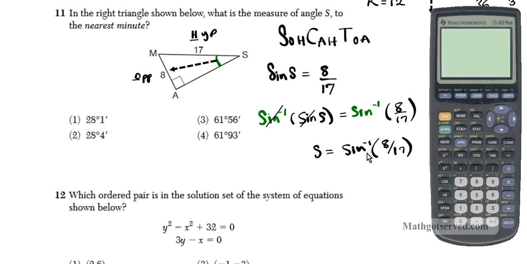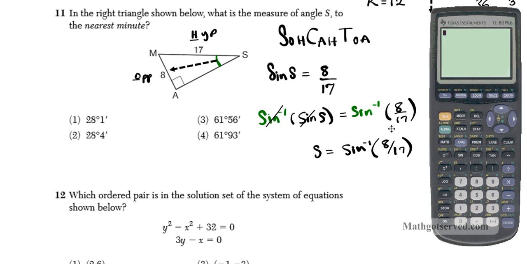Since our answers are in degrees and minutes, when you turn on a calculator, you want to make sure that your angular measure is in degrees as opposed to radians. So how do you check that? You press mode and make sure that degree is highlighted. As you can see here, I have degree highlighted, so this is what you want.